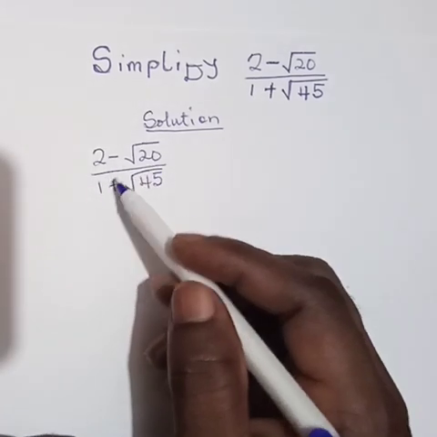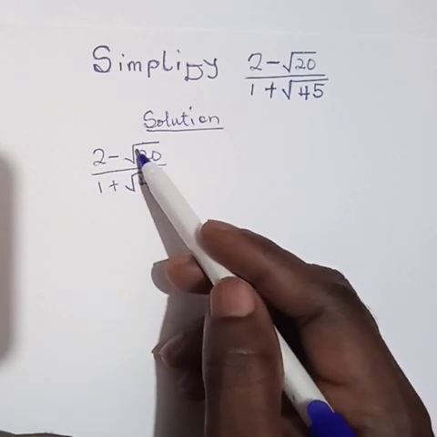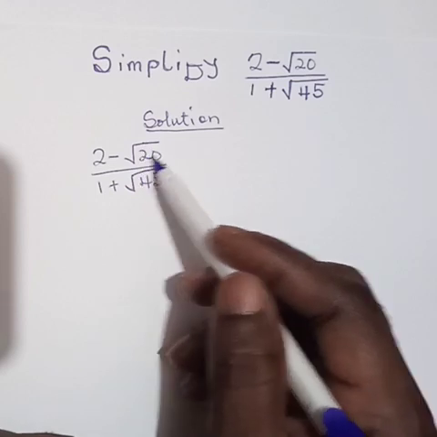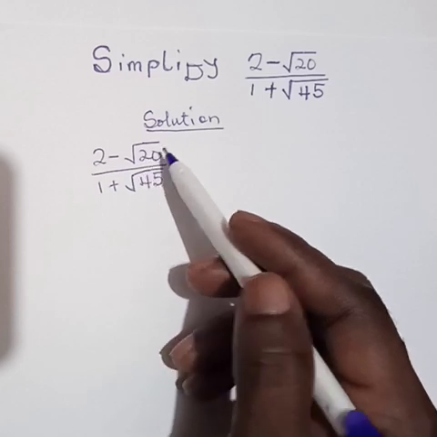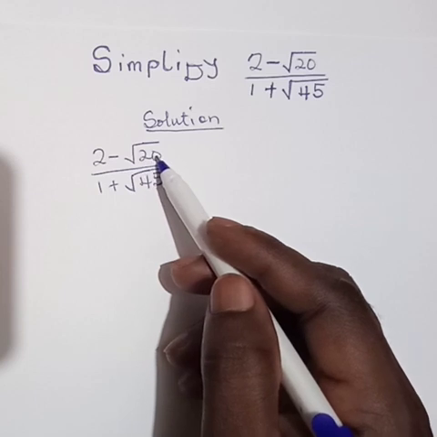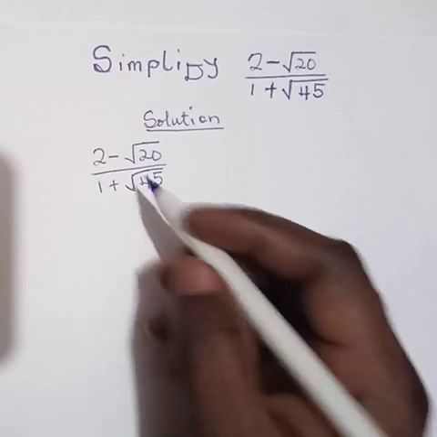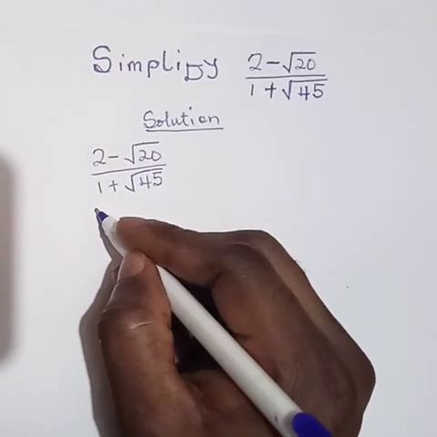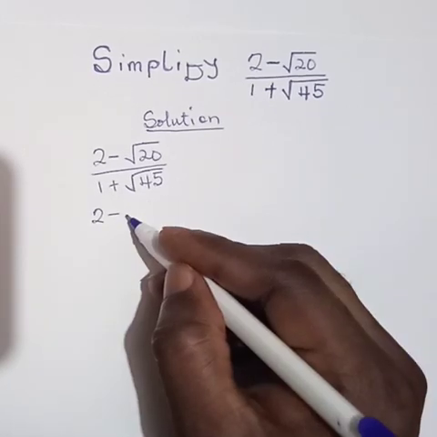Before we can rationalize, let's break those figures in the radicals, that is the square root sign, into a product of two factors. So we are going to find the product of two factors of each of the 20 and the 45. Let me maintain my 2 minus.